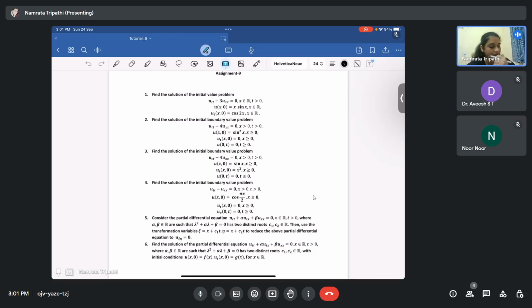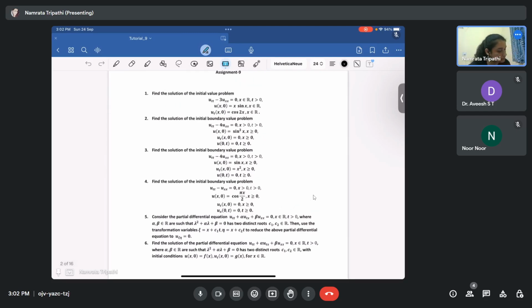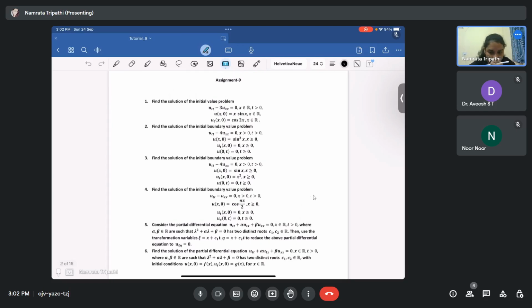The questions are related to the wave equation and their solutions, which we have to calculate. Okay, let's start from question number 1.